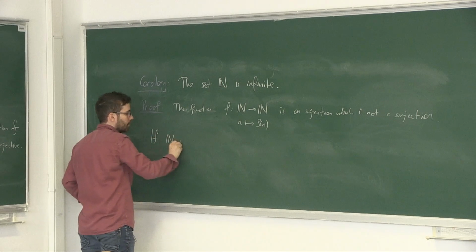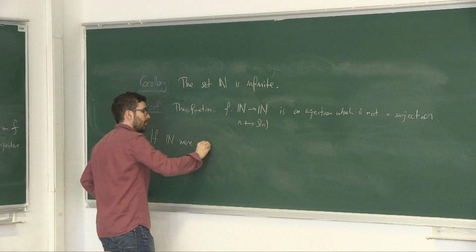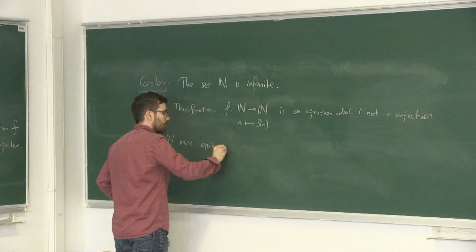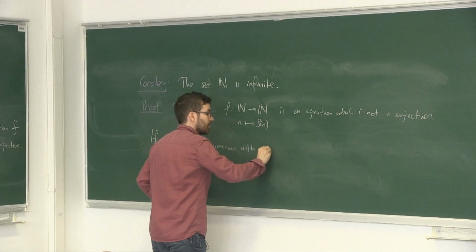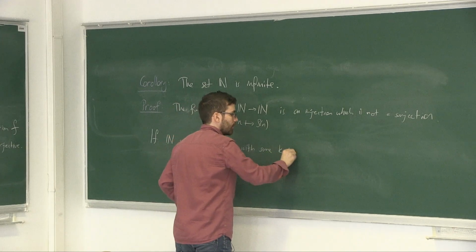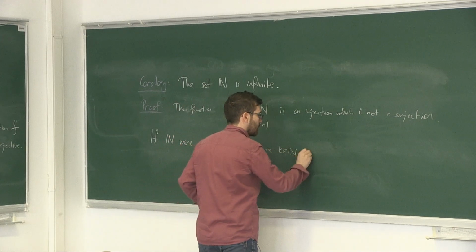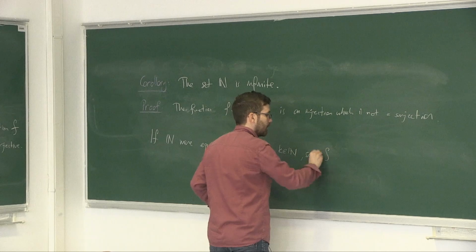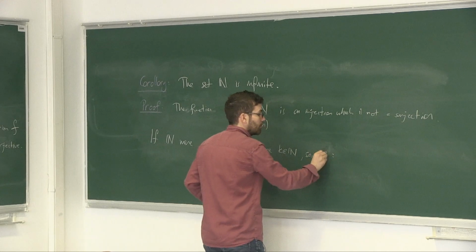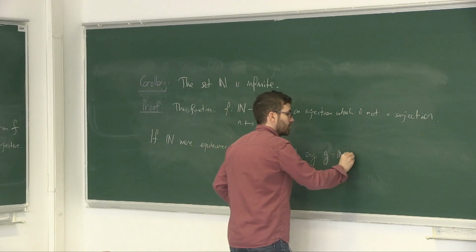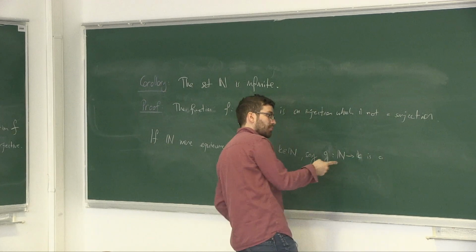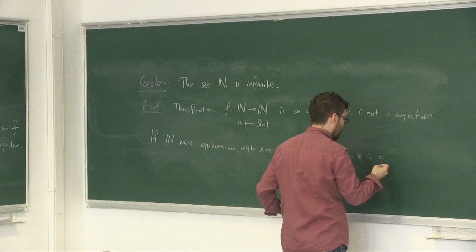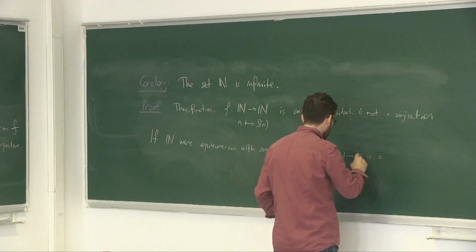If the set of natural numbers were equinumerous with some natural number k, say this G is a bijection, say that you found a bijection between the set of natural numbers and some natural number.